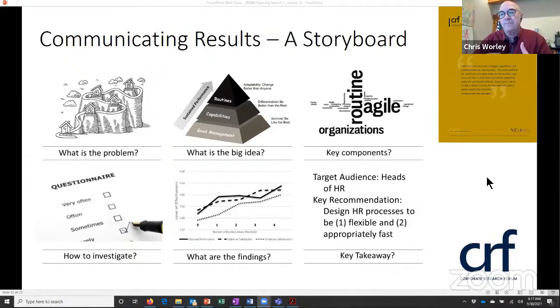And those fit for purpose processes allow you to have capabilities that differentiate you in the environment. And the routines of agility help you understand when and how to change those capabilities. So the big idea became the notion of agility. This is the answer to the problem.